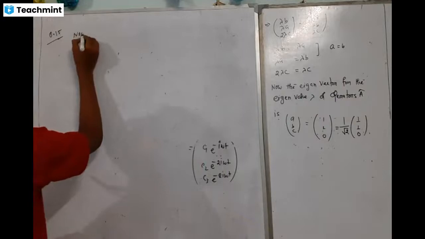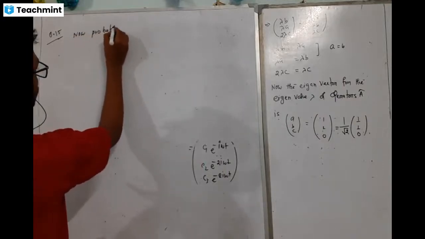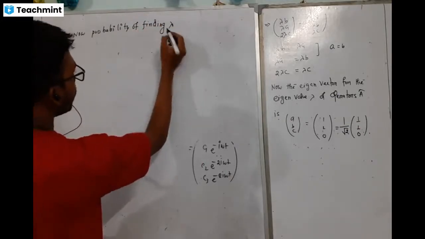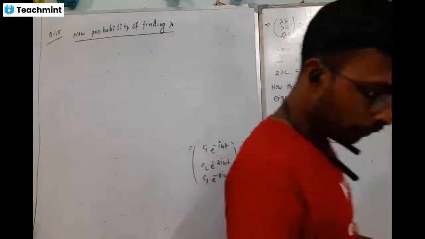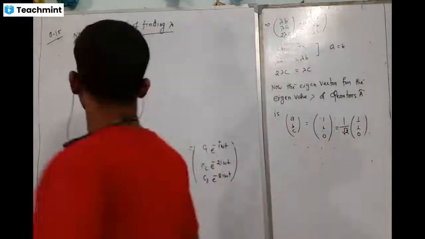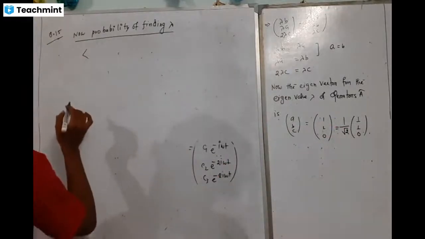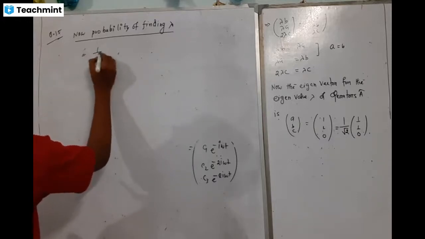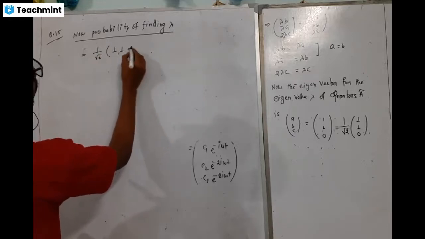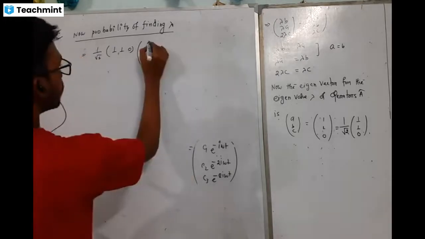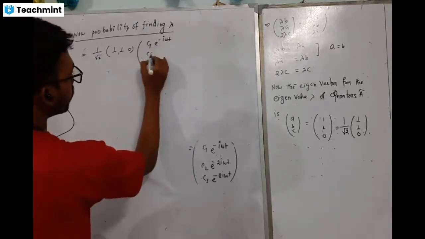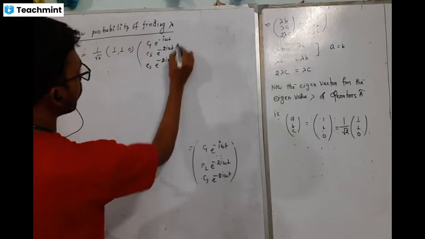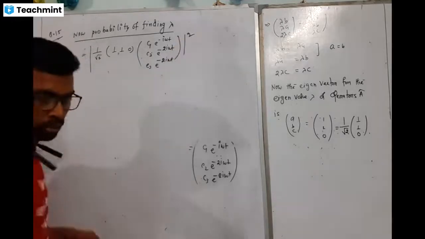Now the probability of finding lambda is equal to 1 by 2 root 2, times the row 1, 1, 0, multiplied with this state C1 e to the power minus i omega t, C2 e to the power minus 2i omega t, C3 e to the power minus 2i omega t, and take the mod.